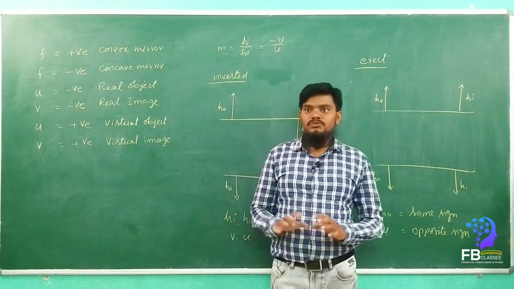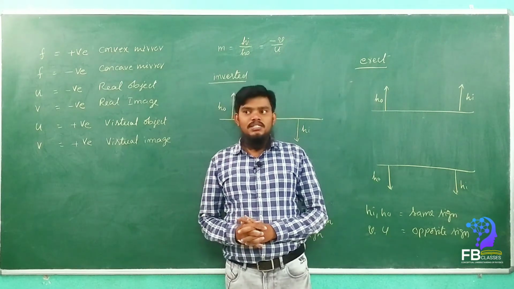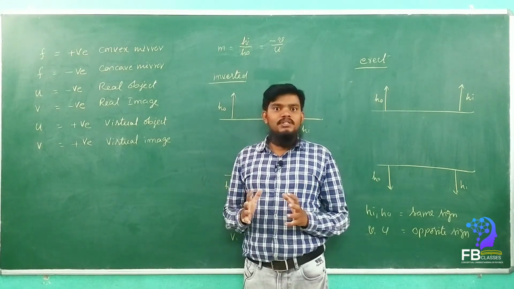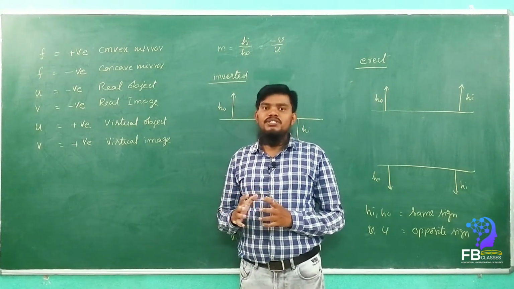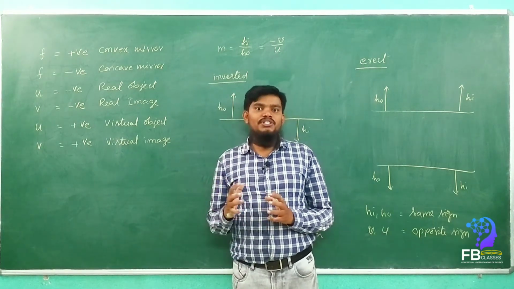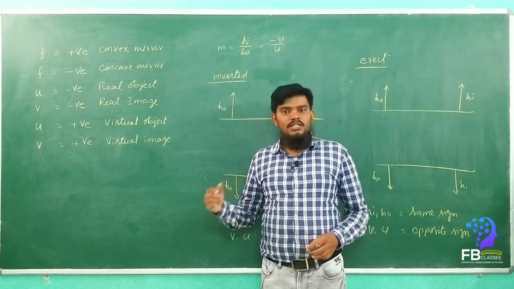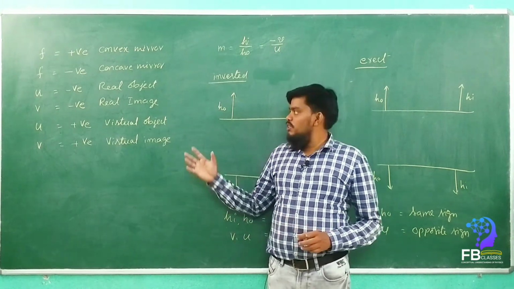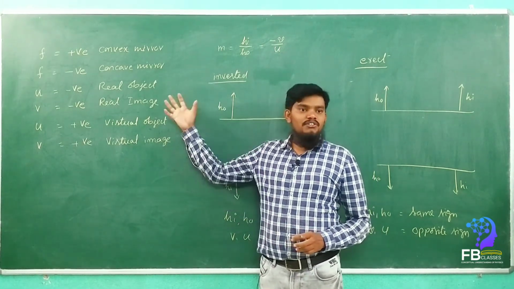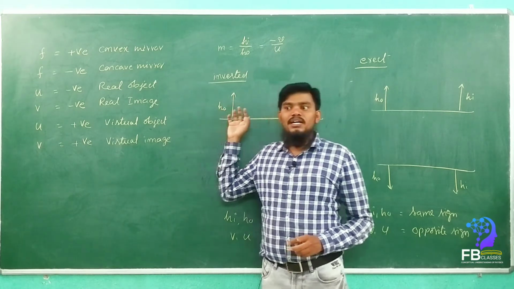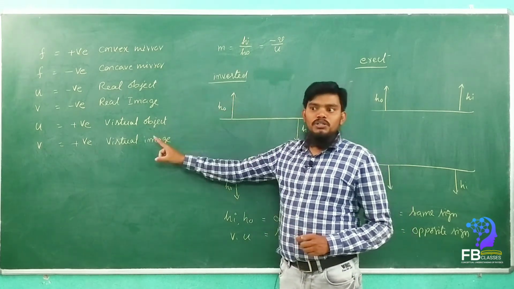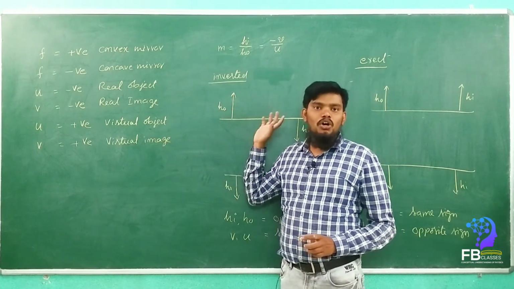Do you understand everything for today's class? Yes, sir. The conceptual understanding behind each and every equation and each and every diagram, do you understand everyone clearly? So in the next class we are going to learn about the graphs of concave mirror and the graphs of convex mirror for both real object and virtual object.